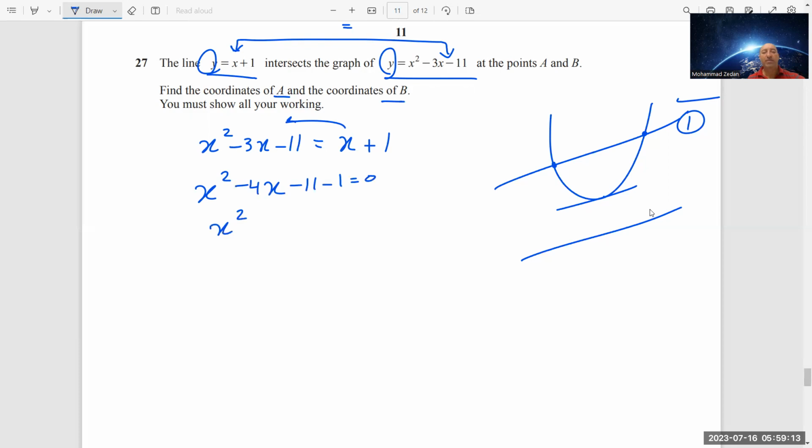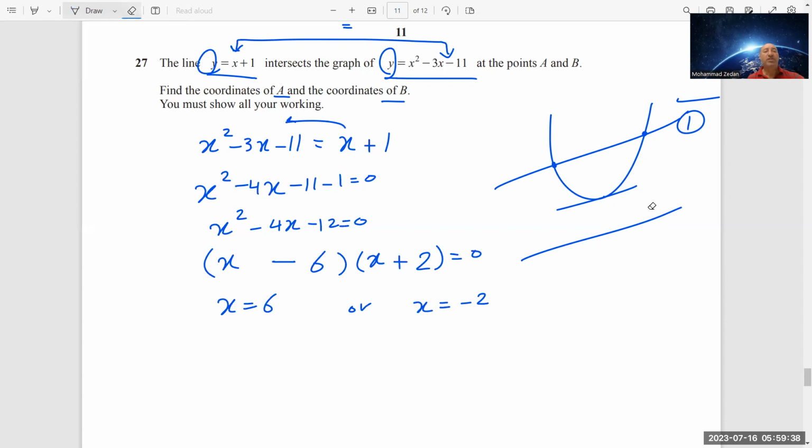So x squared minus 4x minus 12 is equal to 0. By factorization, x squared is x and x. The 12 can be factored as 6 and 2, because the difference is negative 4, so minus and plus. So x may be 6 or the other x may be negative 2.